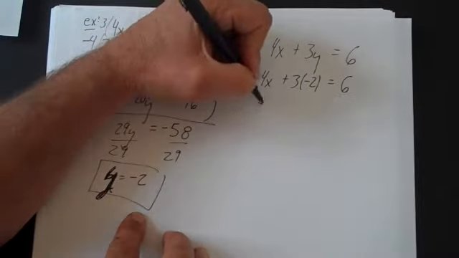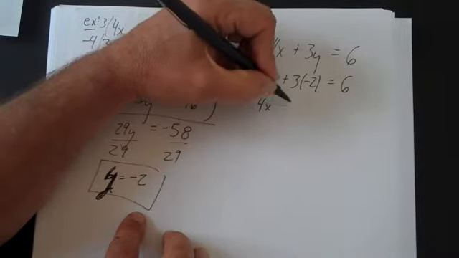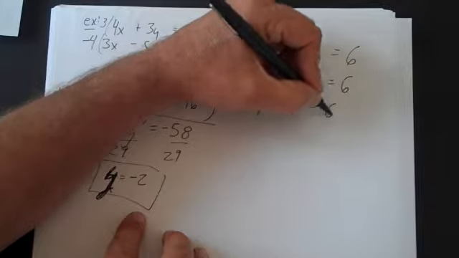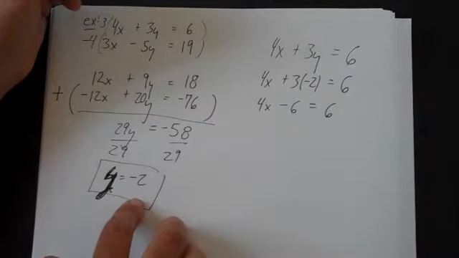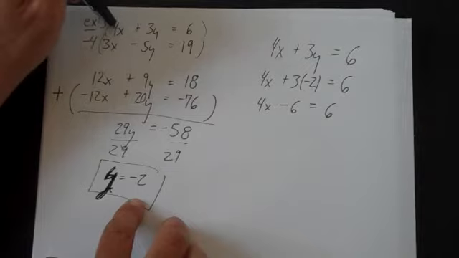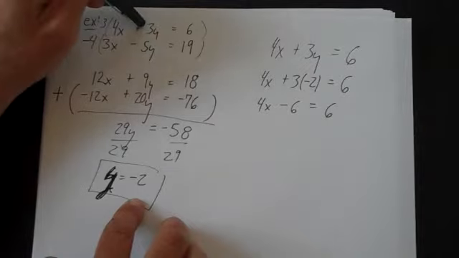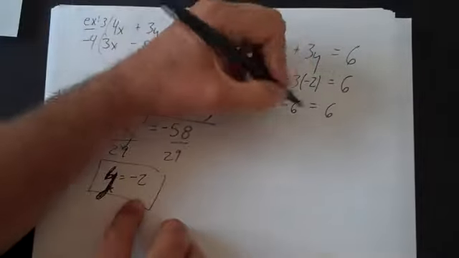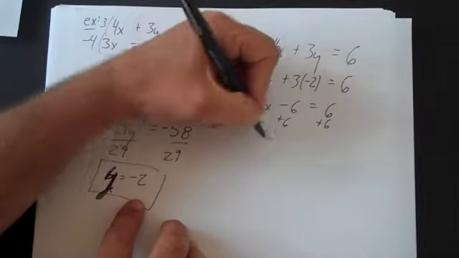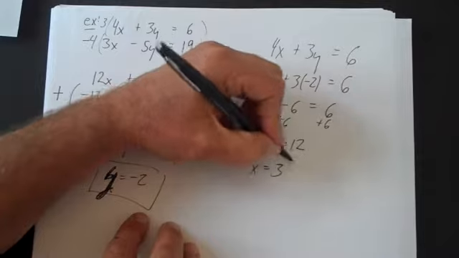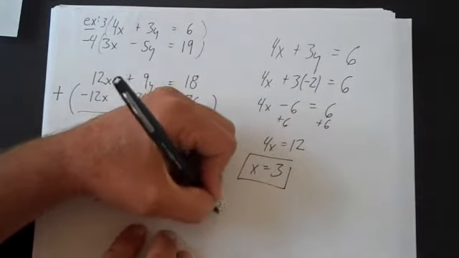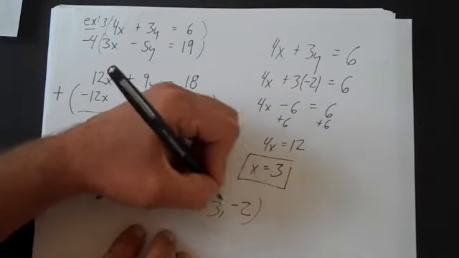And you get 4x minus 6 is equal to 6. Now we're going to add 6 to both sides and we get 4x is equal to 12, or x is equal to 3. Your answer is 3, minus 2.